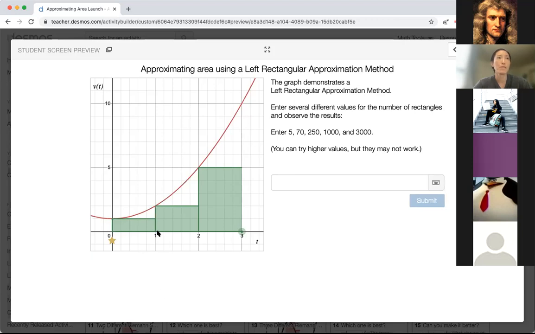For this first rectangle, 0 is the left-hand number. Look at where the height of this rectangle is. I went to 0, the left-hand number, and I went up to the curve, and that y value became the height of my whole rectangle.